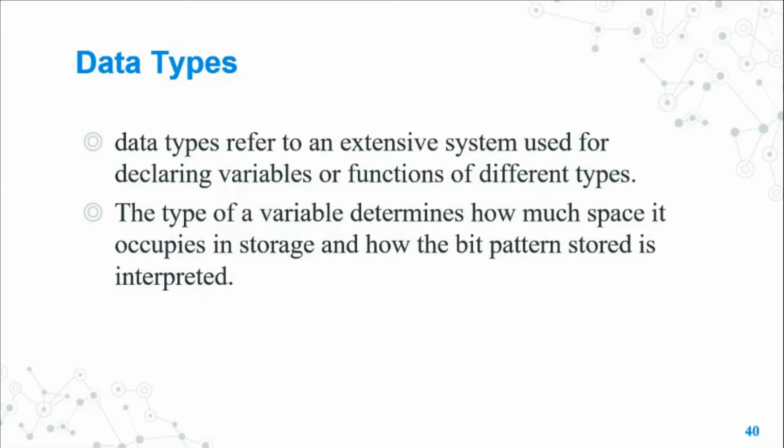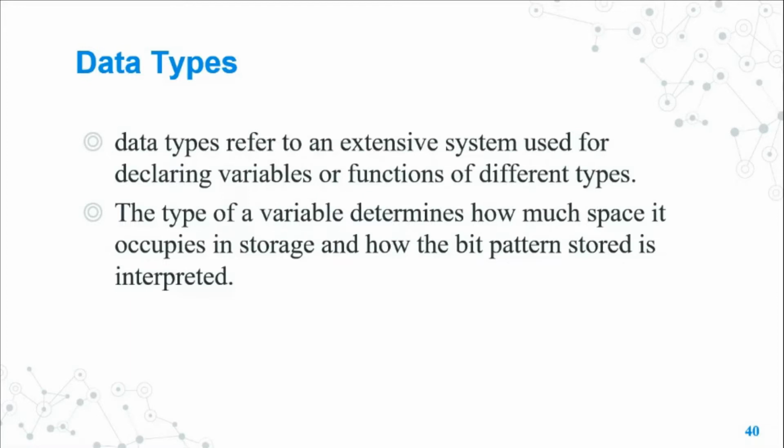If I say that this particular variable is of type int, a specific amount of memory will be reserved for storing values that are to be assigned to that particular variable.